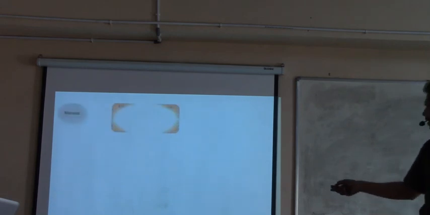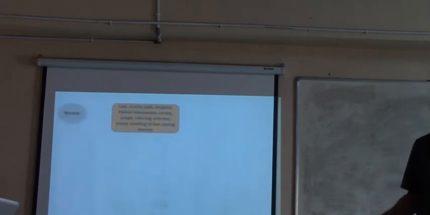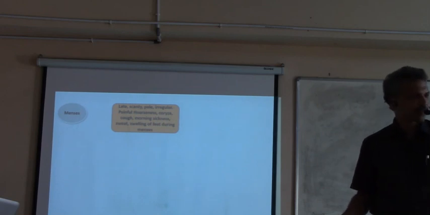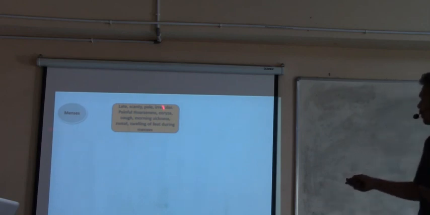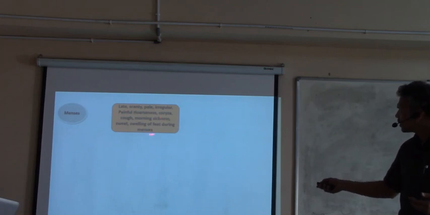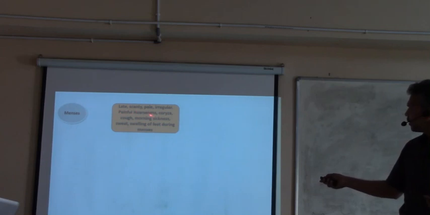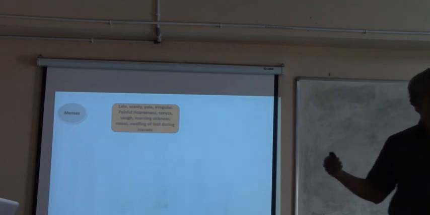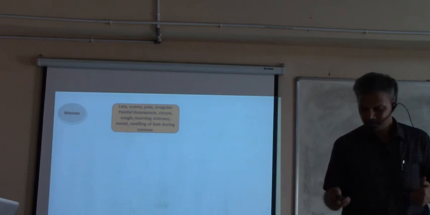And menses, if you look at the character of menses, because of the pathology that you are talking of, PCOD and all, menses can be late, scanty, pale, irregular. During menses, they can have a lot of things. They can have painful hoarseness, coryza, cough, morning sickness, sweat, swelling of feet during menses. These are the few things that can happen during menses in Graphites.